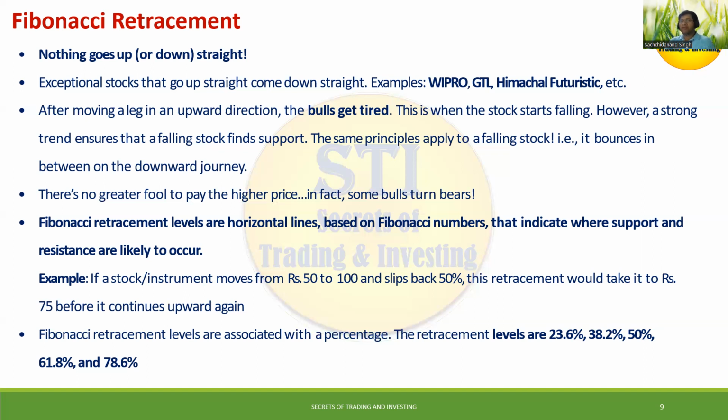So in both ways, if the stock is going up, it will find some resistance, take some rest, and fall a little bit down. In a downtrend, when the price is going down, it will find some support and bounce back at a certain level. How that happens, we will look into in an example in the subsequent slide and also in the real time chart as well.